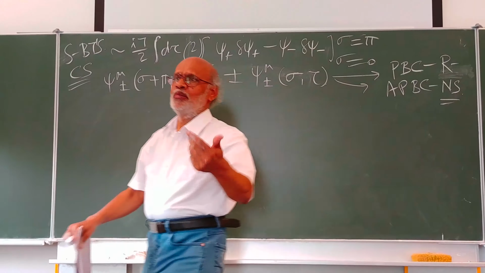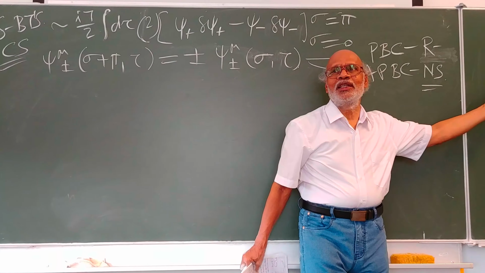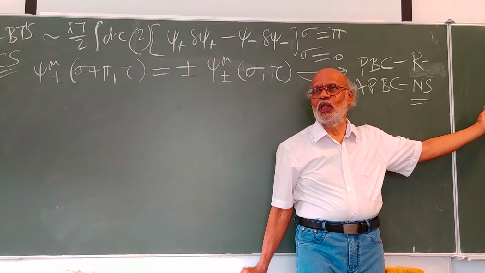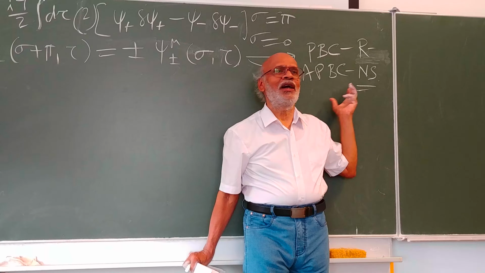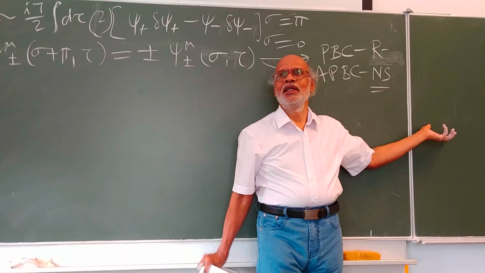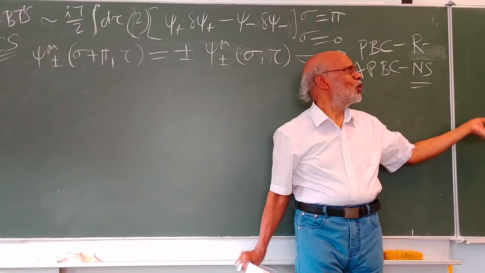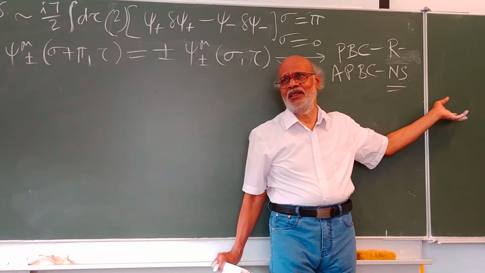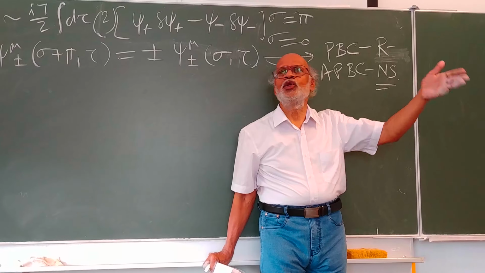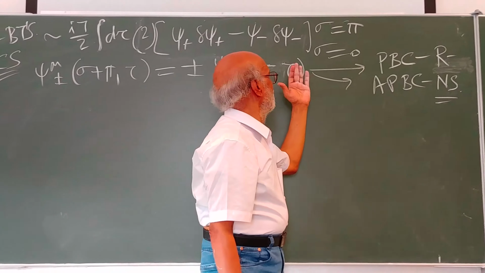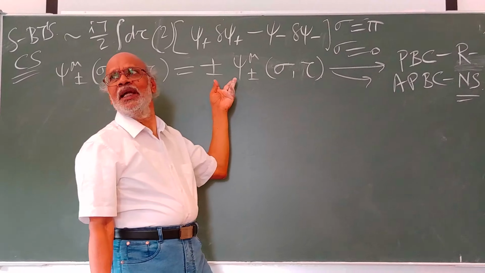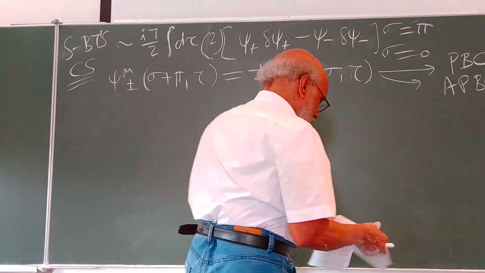But periodic boundary conditions are usually referred to as the Ramond boundary conditions, and anti-periodic boundary conditions are usually referred to as the Neveu-Schwarz boundary conditions, or we call it R sector, NS sector. Just to make you familiar with the conventional vocabulary. One of them is periodic, one of them is anti-periodic, and accordingly you have different kinds of modes.